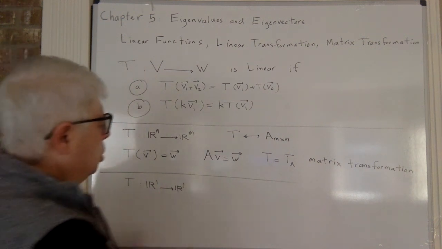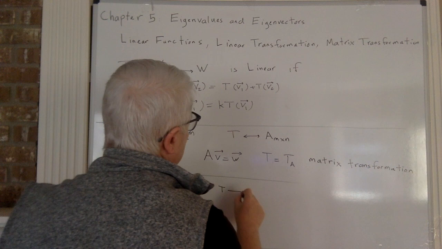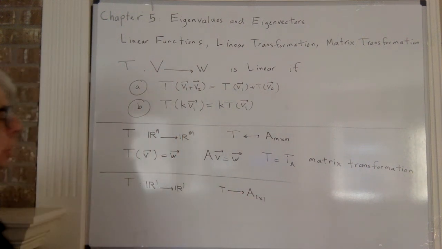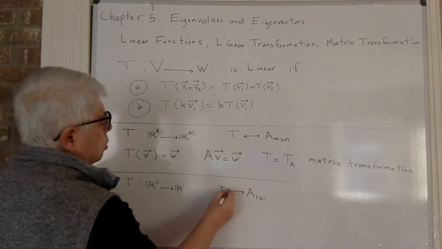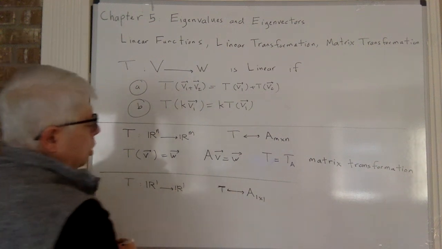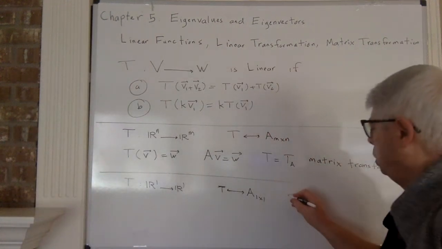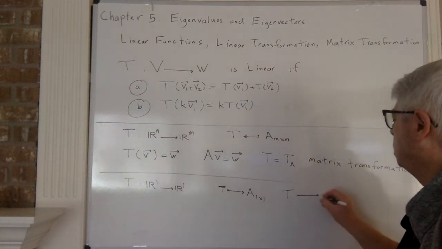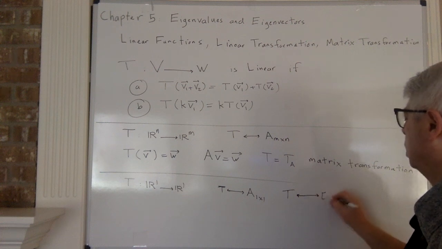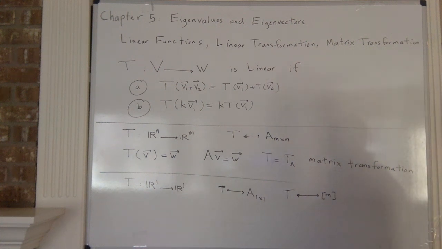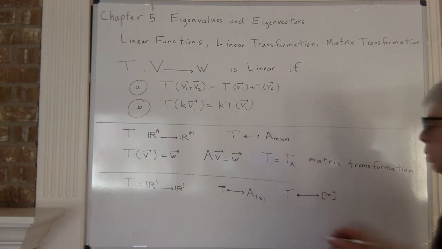Now, what happened to a T which is from R1 into R1? So this T should correspond to a matrix which is 1 by 1. Now, what is 1 by 1? It's just a matrix like this. Simply some constant M. So what is Tx?